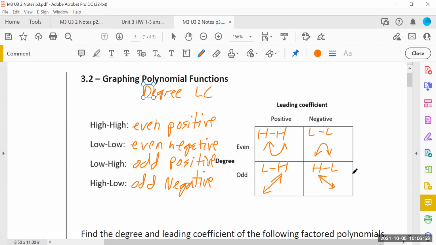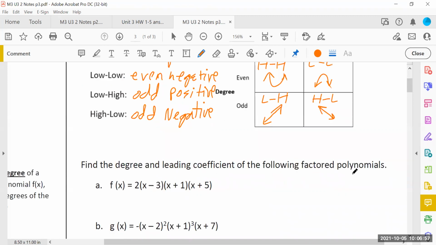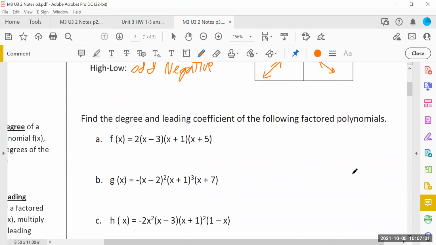So now we're going to try that using the shortcut we talked about just a moment ago, the shortcut from yesterday. So here is a polynomial function that's factored. What's its degree and leading coefficient? So I'm looking through here, I see a 2, that's a factor out in front, an x, x, x, 2 x to the third, 2 times x times x times x.